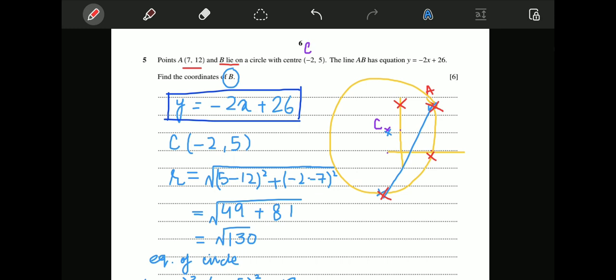And point C is -2, 5. So -2 is this on the x-axis and 5 is on the y-axis, so somewhere here. Okay, so we'll see, and now we'll draw the circle according to it. First we mark the points and then we will draw a circle.